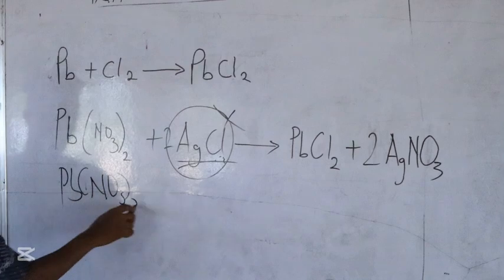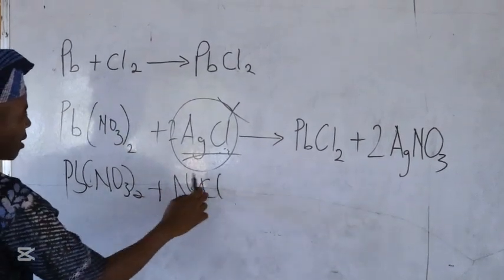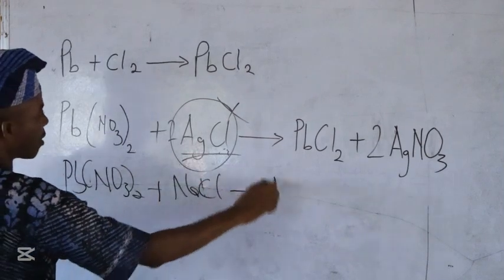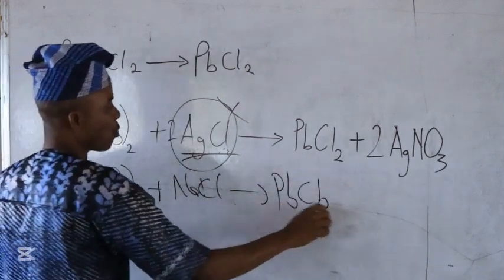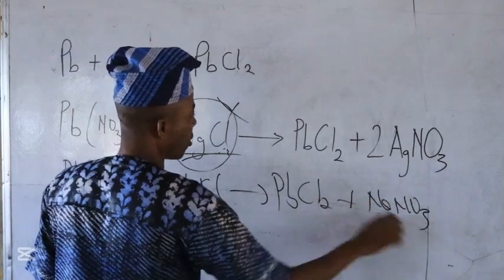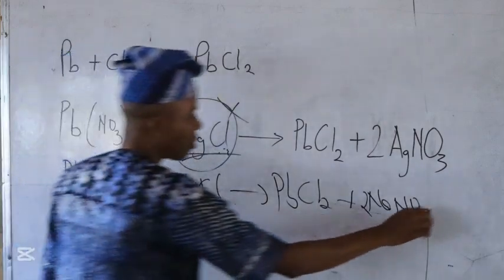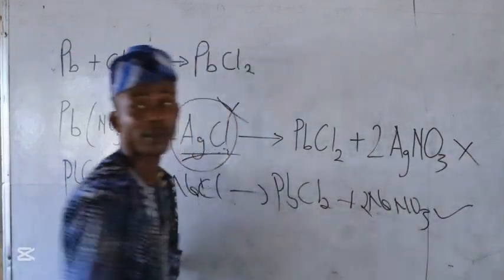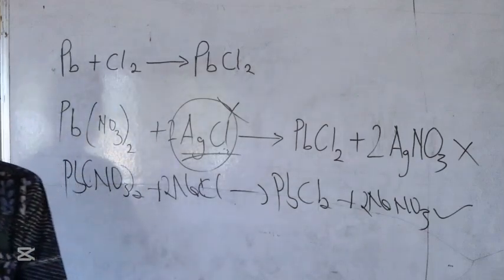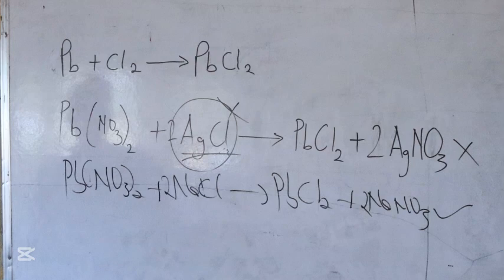So what you are supposed to write is Pb(NO3)2 plus NaCl. Then this will now give us PbCl2 plus what? NaNO3. This is now right. Please be watchful of all these small mistakes.